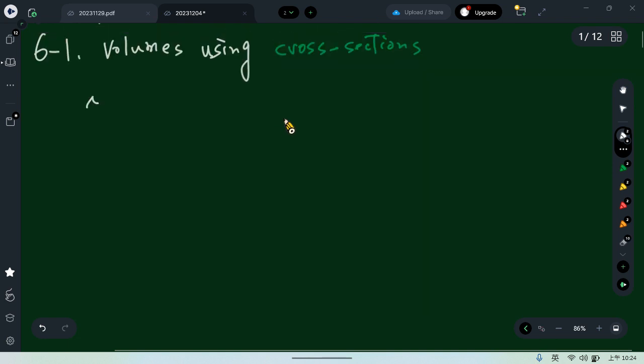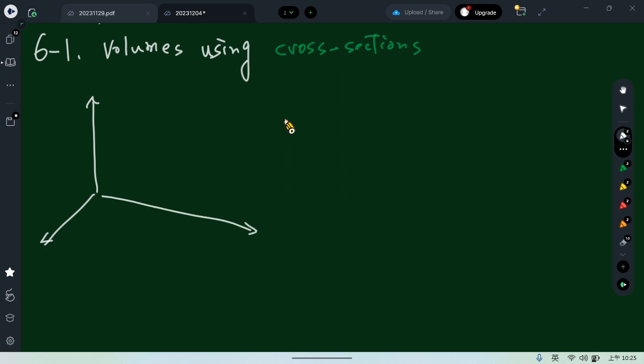For example, if there is a 3D object, if this is x, this is y, and this is z, then maybe there is a solid, for example, just like this.